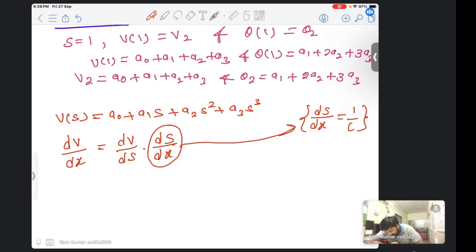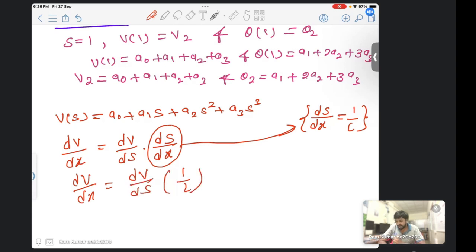So dv by dx equal to dv by ds into 1 by L.